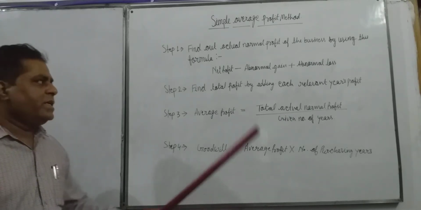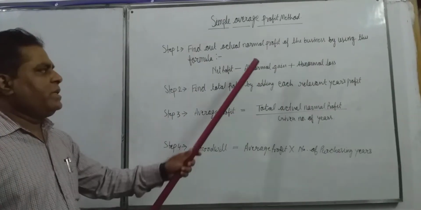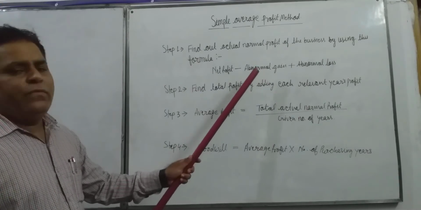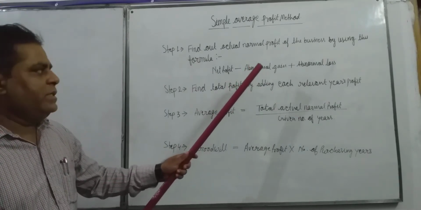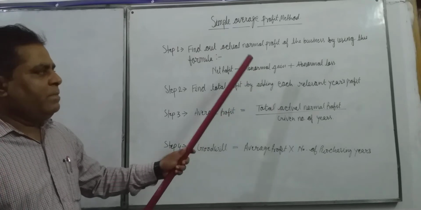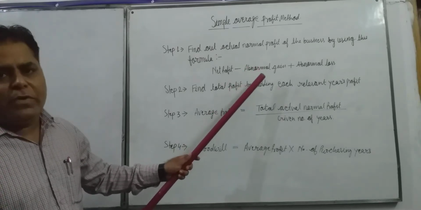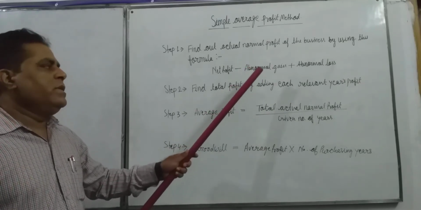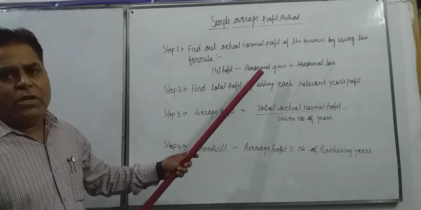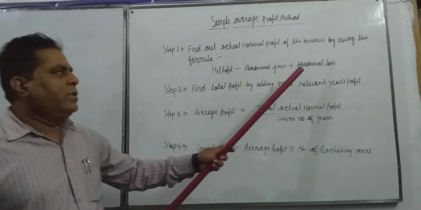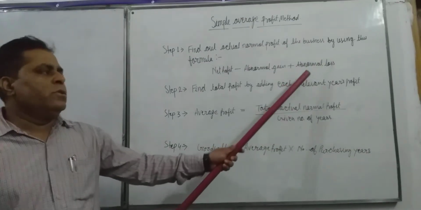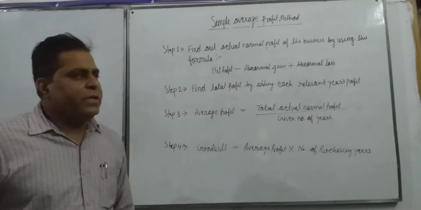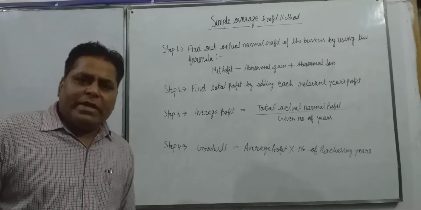Why are we deducting the abnormal gain? Because this is a gain of non-recurring nature. This is a profit for the business, but it is not related to the day-to-day operation of the business. So for the valuation of goodwill, we do not consider it a gain of the business. Same thing for the loss. If there is any abnormal loss, we do not consider it for the business, because it is also not of recurring nature.